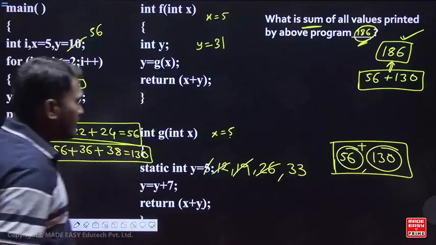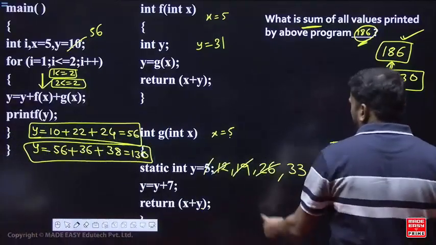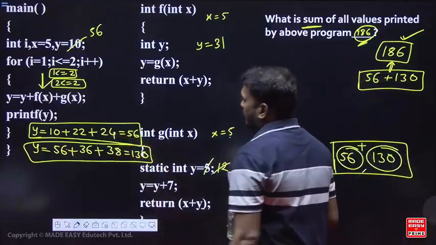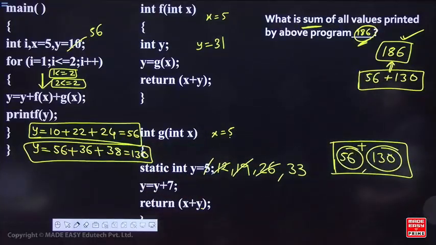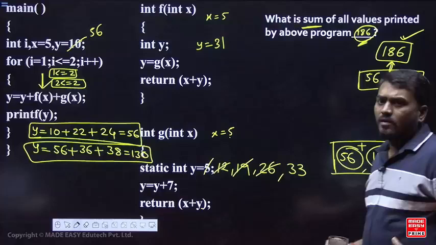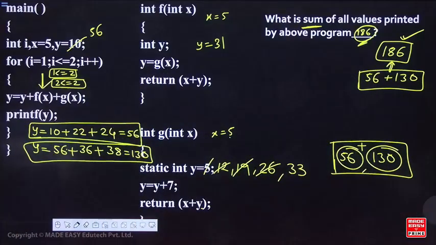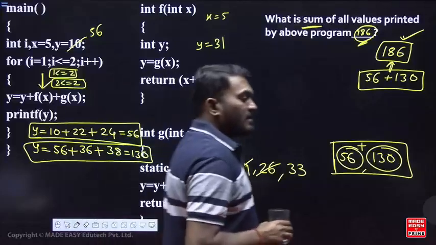If anybody wants to copy, you can just copy these values here, and only copy this one. Okay, nothing is there to copy. So slowly, carefully you have to execute the program. That's it. Is this clear for everyone?